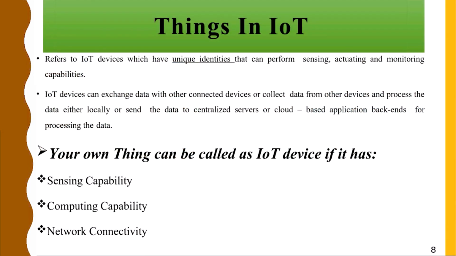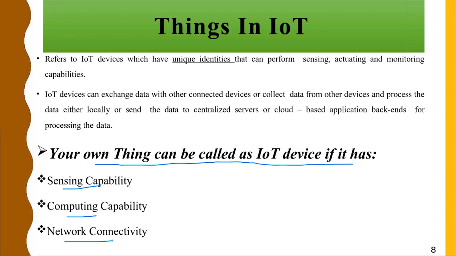This is the thing that I tried to explain. Sensing capability, computing capability, and network connectivity, right? Any kind of network connectivity can be there, any kind of computing unit, and any number of sensors.